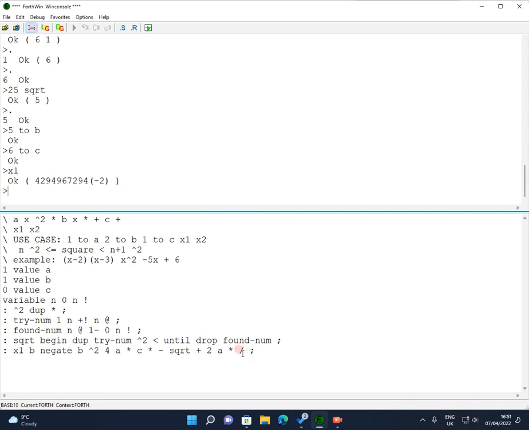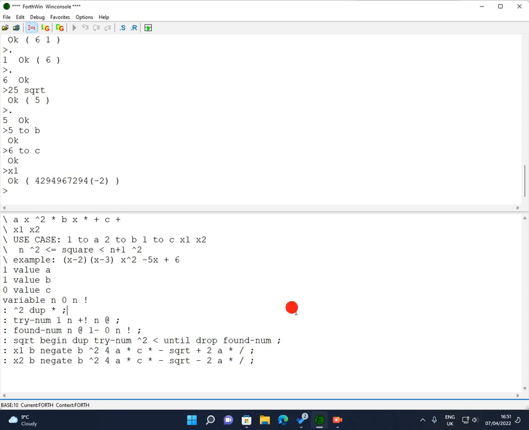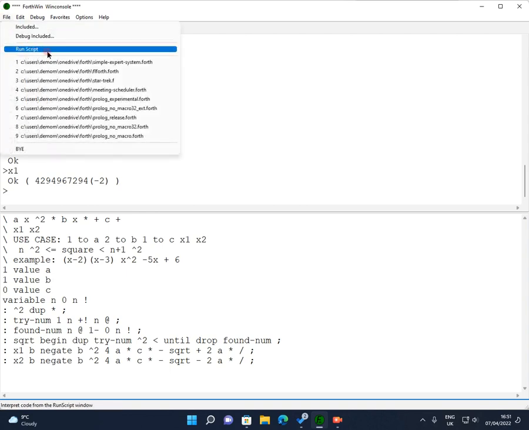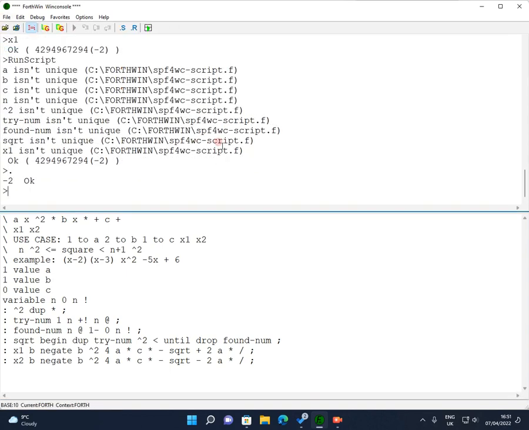Well, we know that we got the sign wrong, so that's a starting point. Let's try something as an experiment. Let's say we take x2. Now what's the difference with the second solution? Remember, it's plus or minus the square root, because the square root could be positive or negative. So in this case we just do a subtraction, and we can run that. Now let's just check what we get.